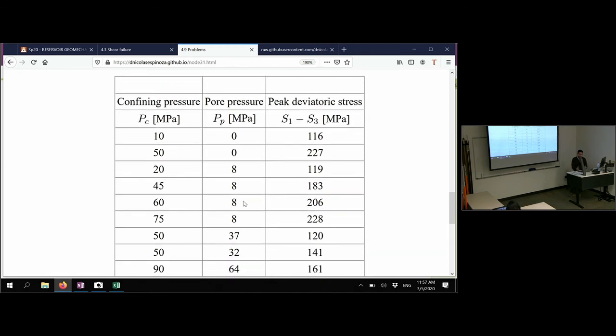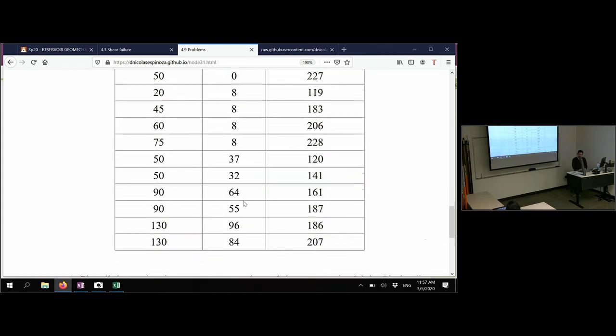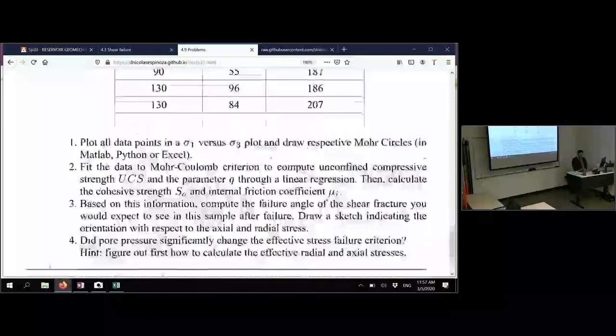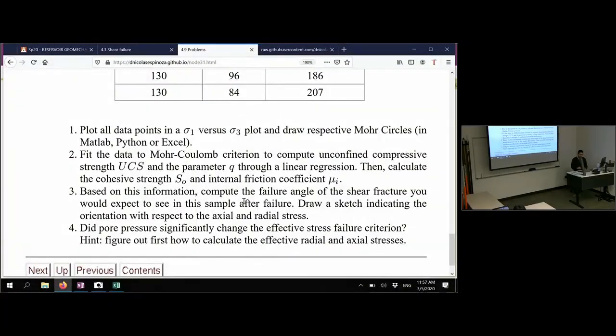The only thing that you have to do is just to convert these total stresses to effective stresses, and you should find a very nice relationship between the effective stress data. Okay.